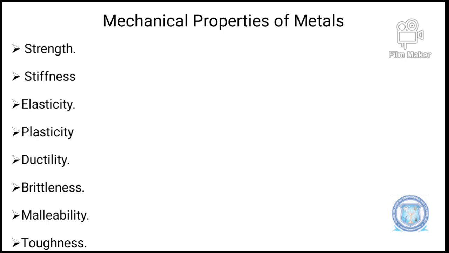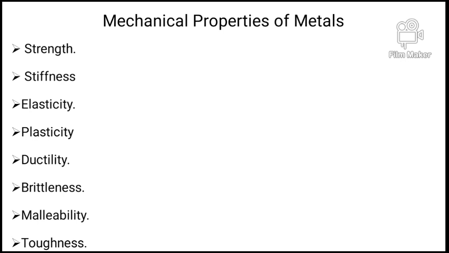Malleability means the property of a material to be rolled or hammered into thin sheets. Then toughness, the property of a material to be cut. Resilience, the property of a material to absorb energy. Then creep.